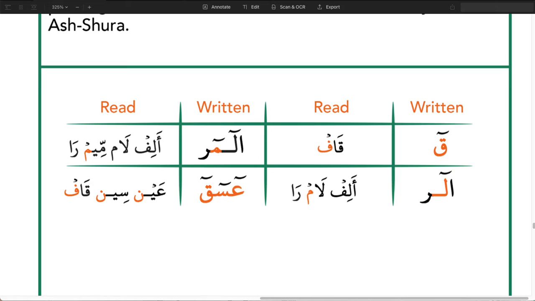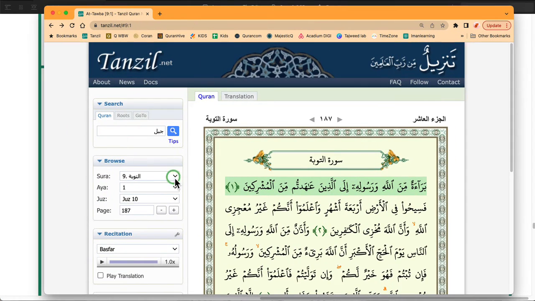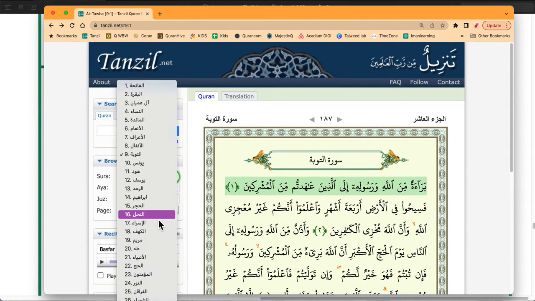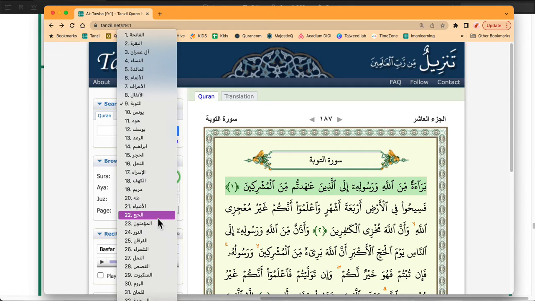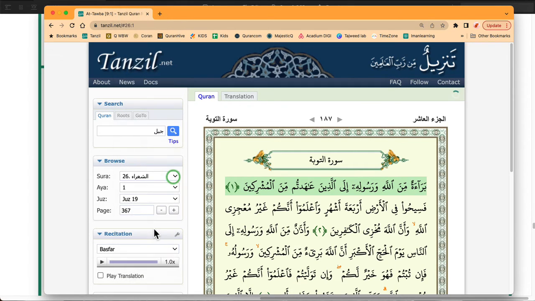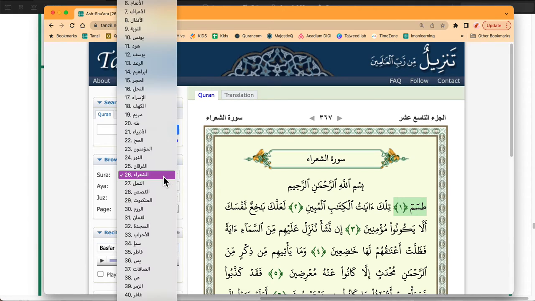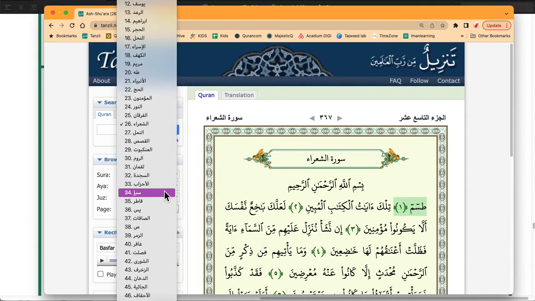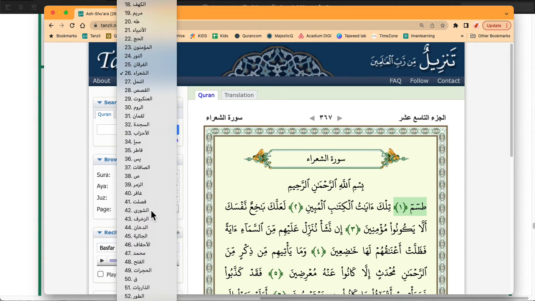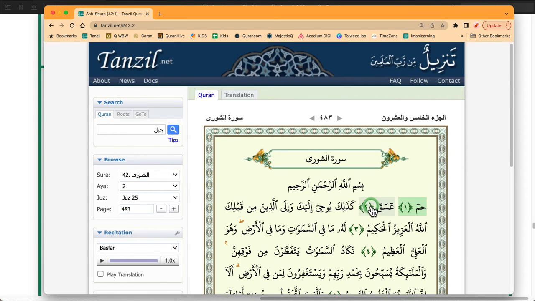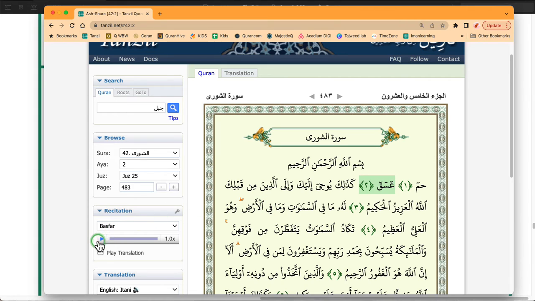Shura. Surah Shura. Where is it? Allahumma salli. No, this is Shu'ara. No, I'm looking for Shura. Surah. This one. Okay. Let's have number 2 recite.